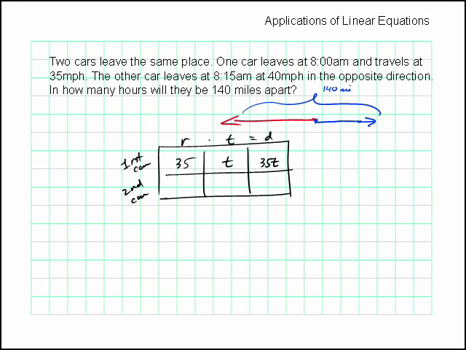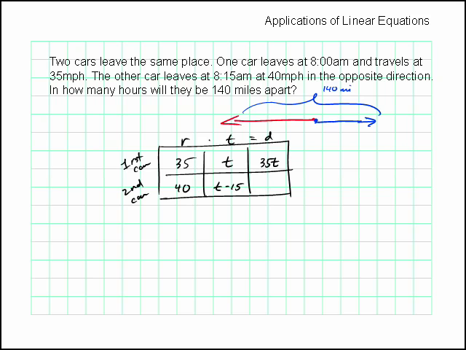Now the second car travels at 40 miles per hour, and its time is not the same. It's not a t because it left 15 minutes after the first car, so its time would be 15 minutes less.